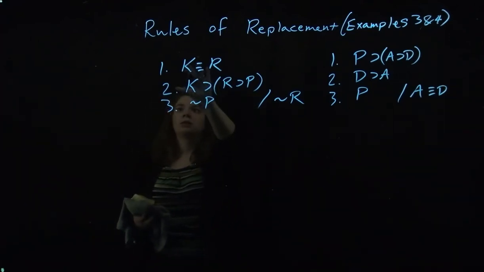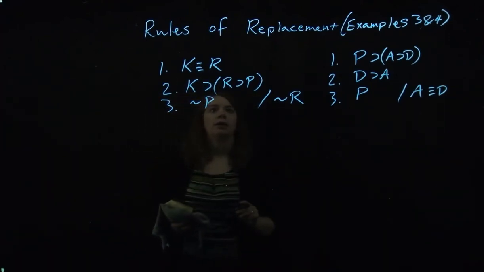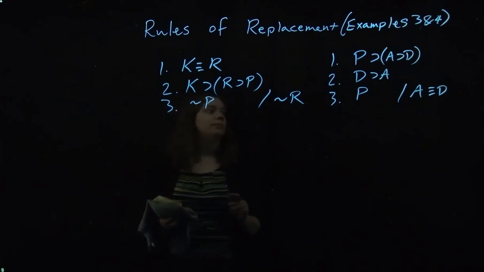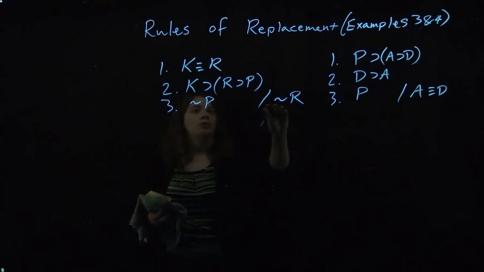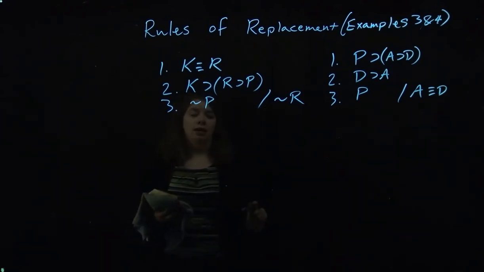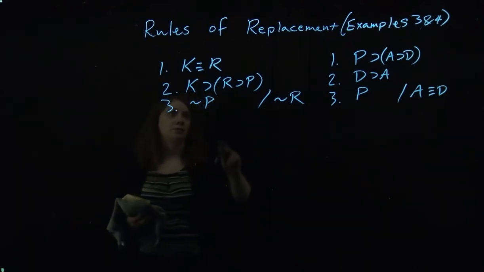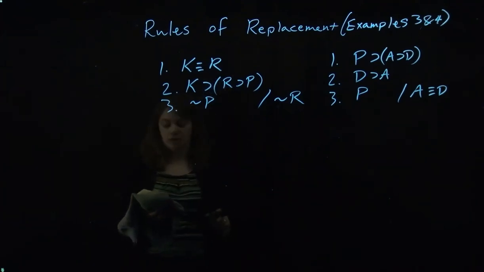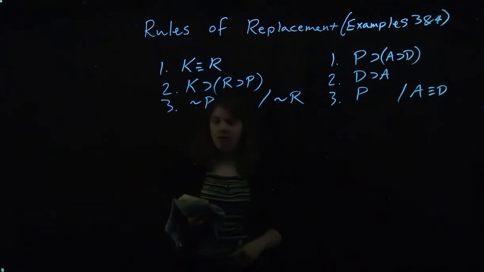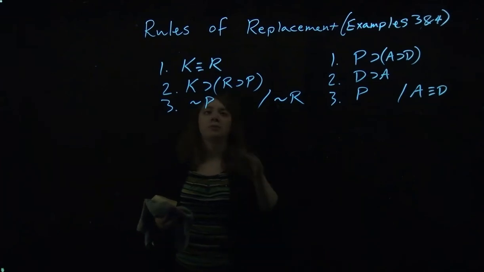So let's begin with this one here. The third one that we'll mention. So we're trying to get a not R. Well, we know there's an R on line 2 and an R on line 1. We might be deriving R's from one of these two lines, or maybe we need both.